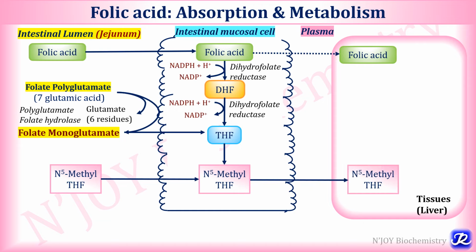For example, N5-methyl tetrahydrofolate carries methyl group, N5-N10 methylene tetrahydrofolate carries methylene group, N5-N10 methinyl tetrahydrofolate carries methinyl group, N10 formyl tetrahydrofolate carries formyl group, N5 formimino tetrahydrofolate carries formimino group, and N10 hydroxymethyl tetrahydrofolate is a carrier of hydroxymethyl group.